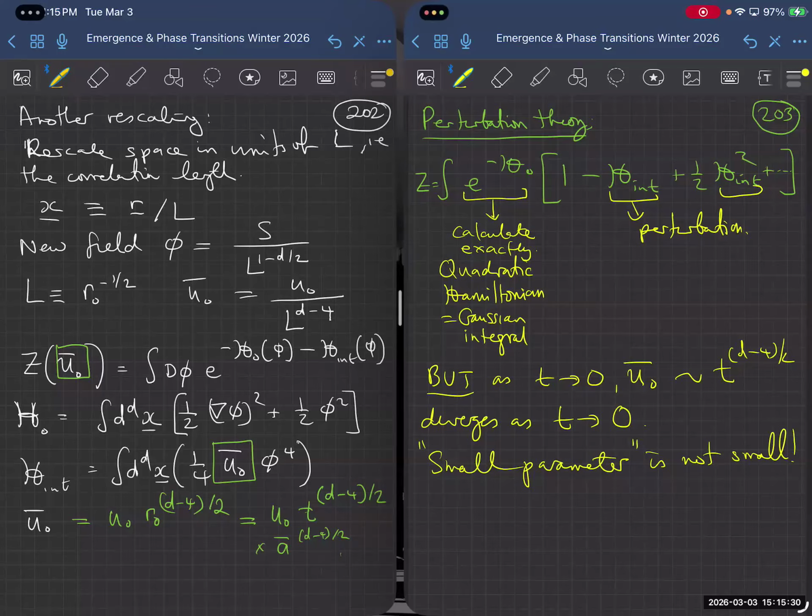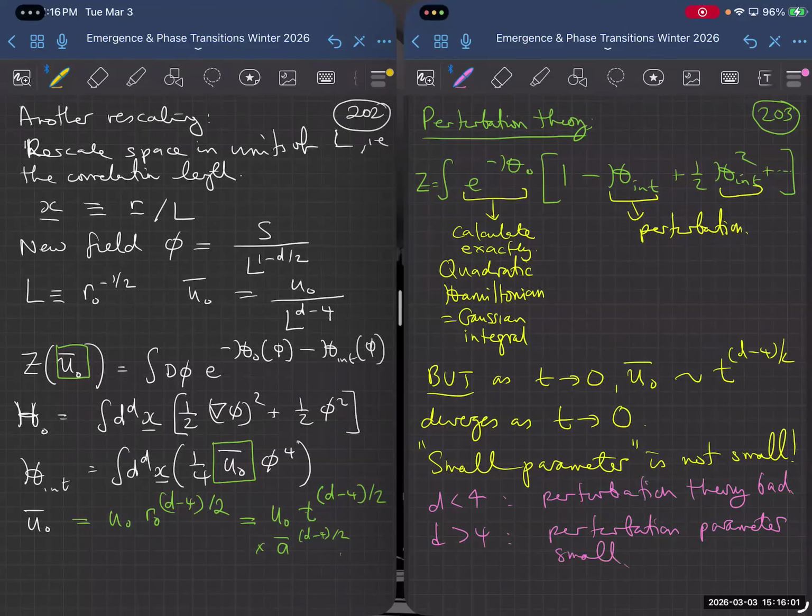And that's the problem. So what that means is that for d less than 4, perturbation theory is bad. And for d greater than 4, perturbation theory converges, or at least the perturbation parameter is indeed small.